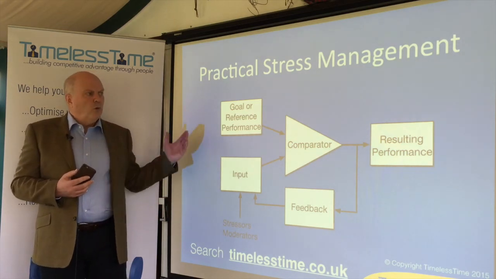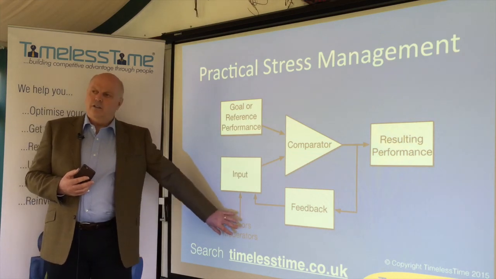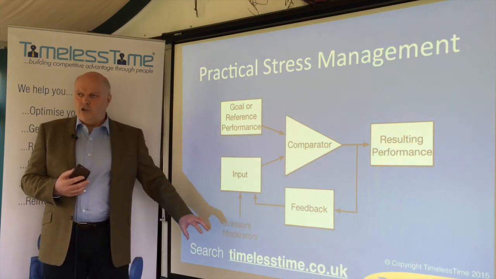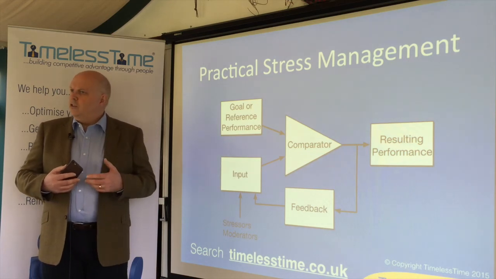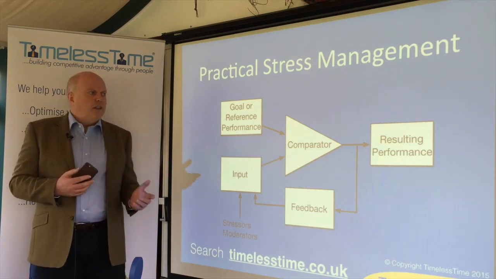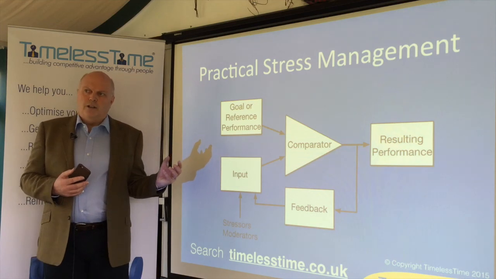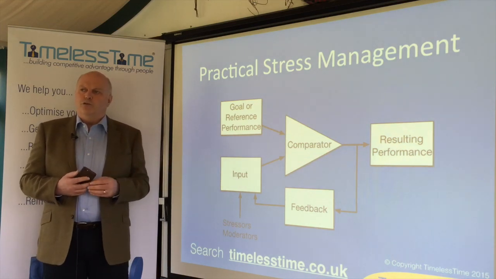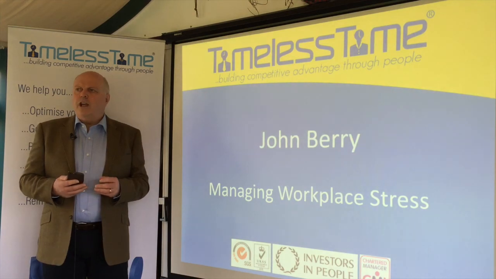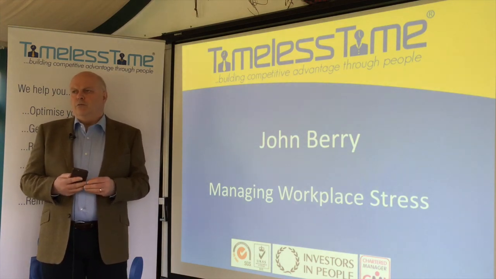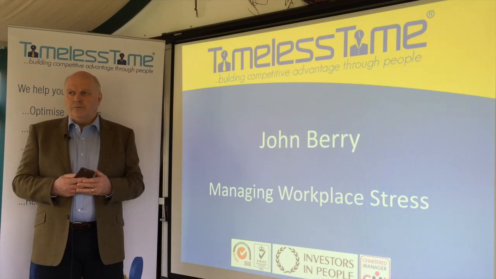And so the loop works by trying moderators, by changing the level of management support, by perhaps training people, and then sensing, is my loop balanced? Have I created the right performance that I wanted? So I've created there an integrated model for the management of stress.